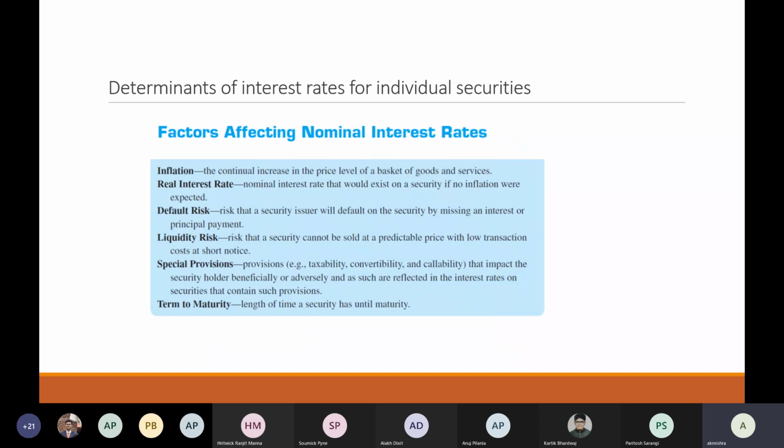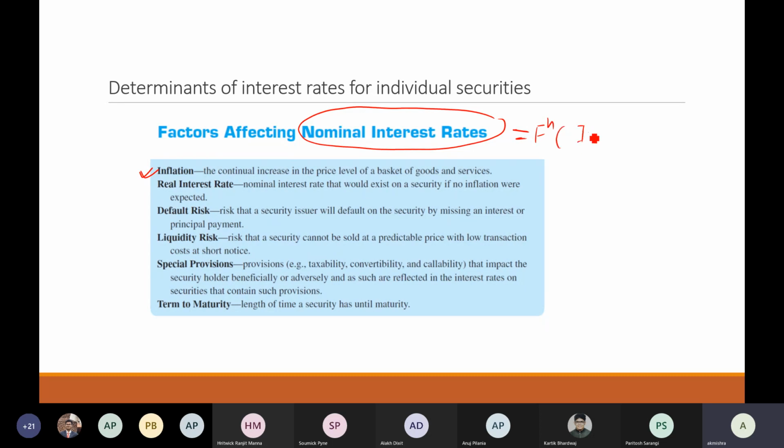So already we know what the factors are. There are certain determinants of interest rate, change in interest rate, and the reason is very clear. We will also see this when we talk about Fisher's theorem. The first part is inflation, because remember, whenever we talk about nominal interest rate, it is a function of basically two things.